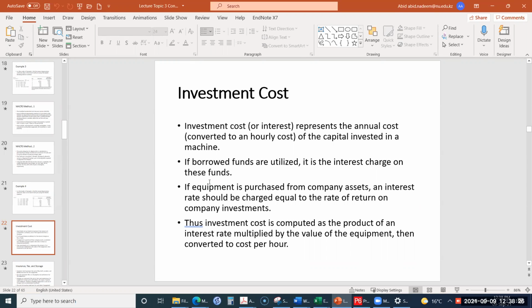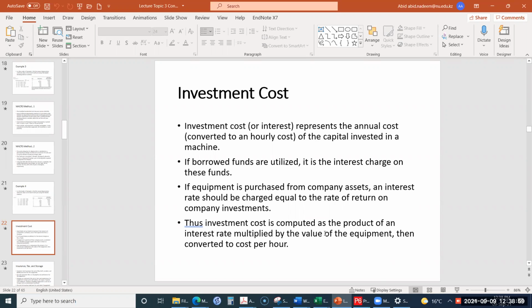So if you take this loan, then whatever interest you pay is considered in the investment cost. If the equipment is purchased from company assets, an interest rate should be charged equal to the rate of return on the company investment. So in both cases, interest on the capital, whether borrowed or from own funds, should be charged.